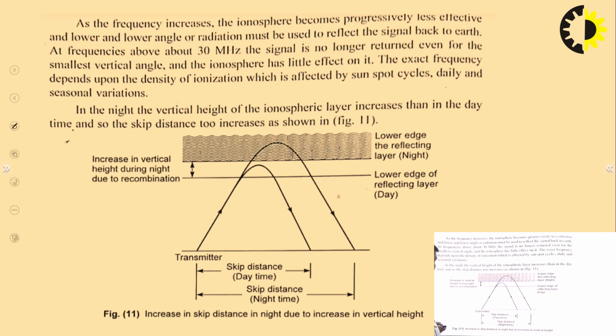So next, what is the day-night phenomenon in the case of escape distance? We see that in the daytime, the escape distance is d escape day. In the night time, the d escape increases.